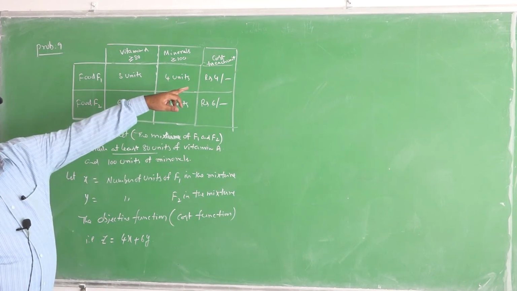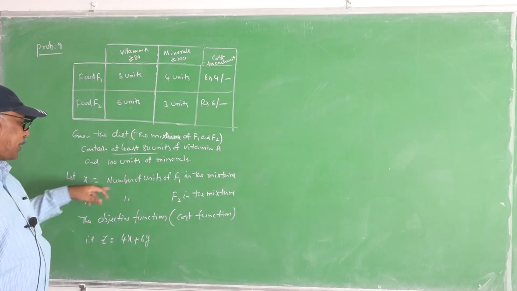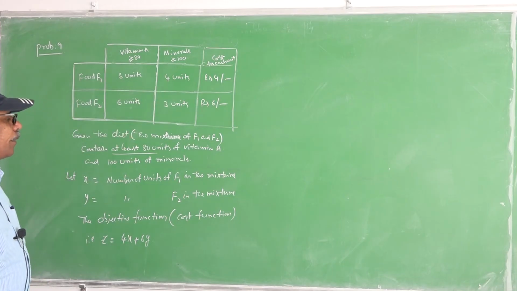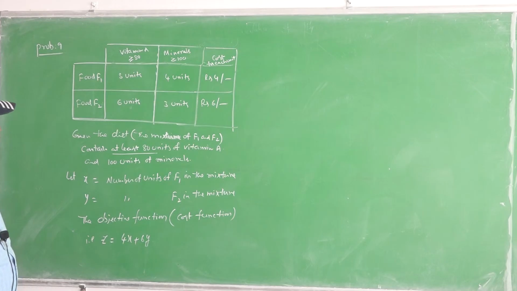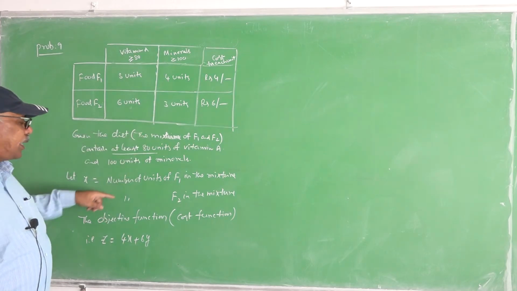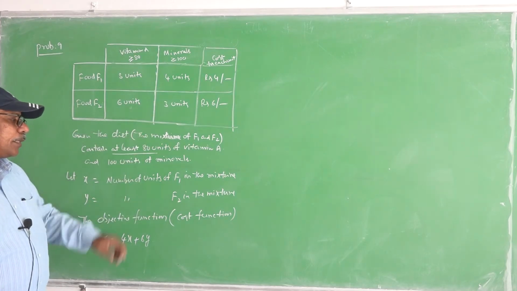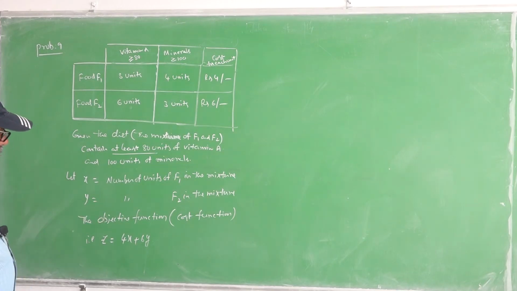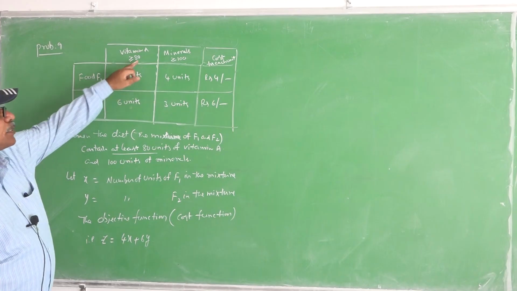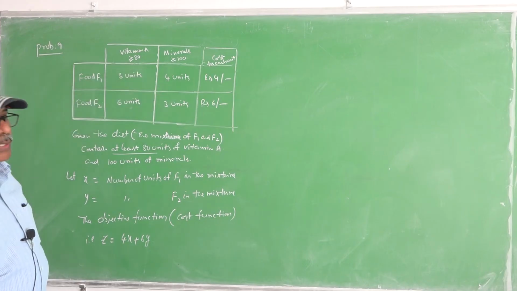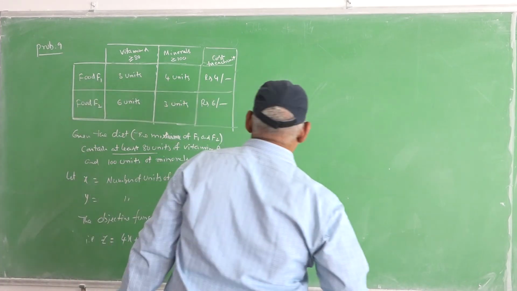For each unit the cost is 4, so 4x is the cost of F1. Similarly, 6y is the cost of F2 to prepare the mixer, to prepare the diet. In the diet, the vitamins must be at least 80 and the minerals must be 100.